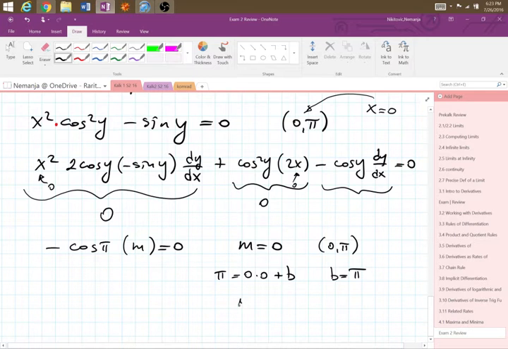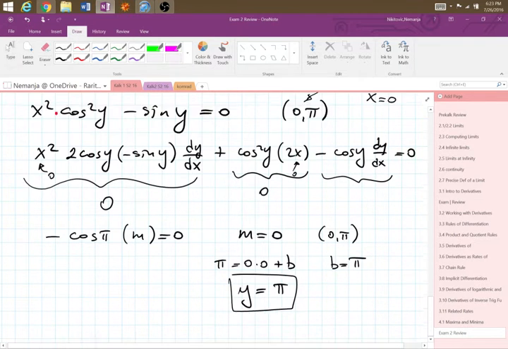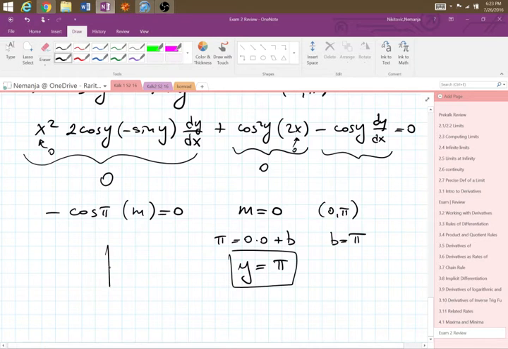So y equals pi is a horizontal line. Zero slope means it's a horizontal line, and it goes through pi as a value. We call this horizontal tangency.